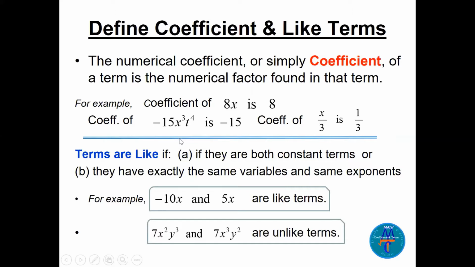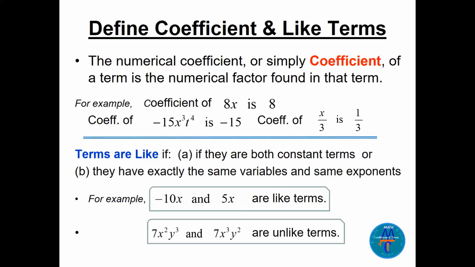Now, when we say like terms, the terms are like either if they are constants, like 5 and 7, 2 and 3, 10 and 15, or they have the same variable and the same exponent, like minus 10x, 5x. Ask, are these like terms or unlike terms? Why do we need this?